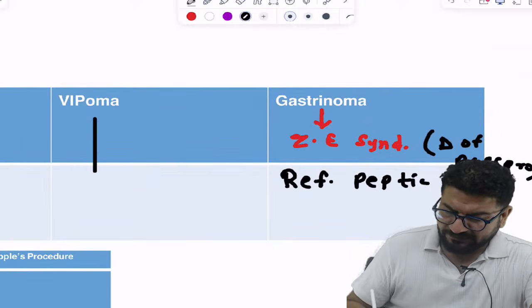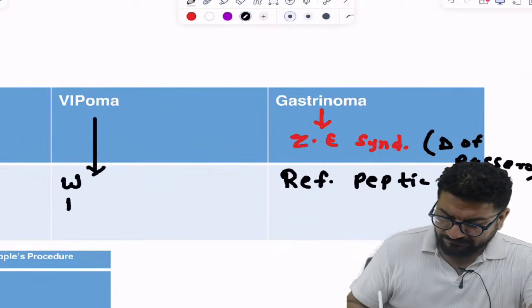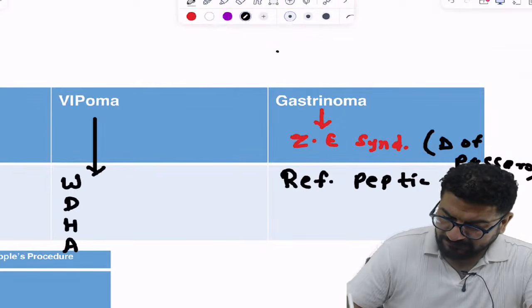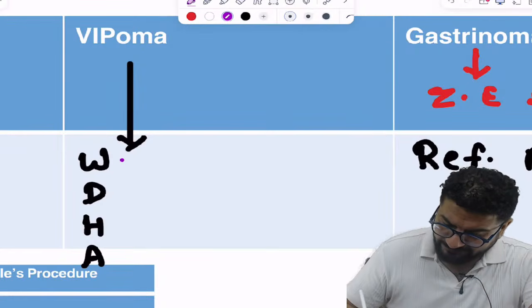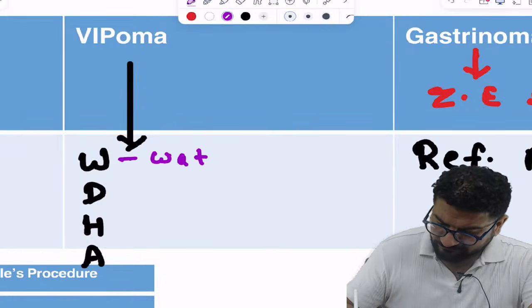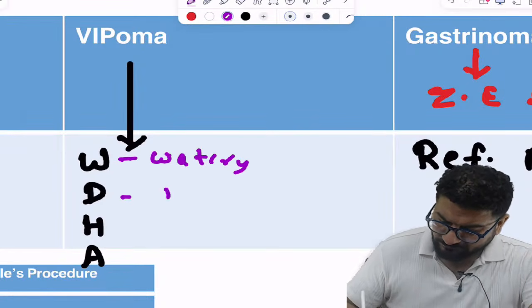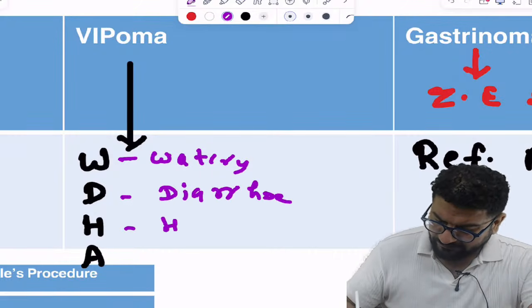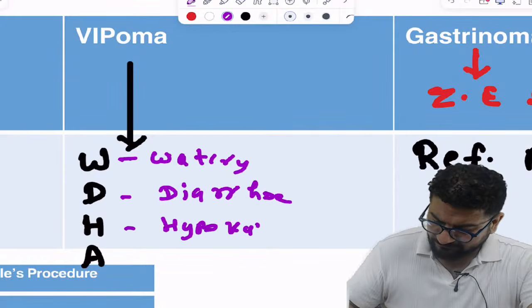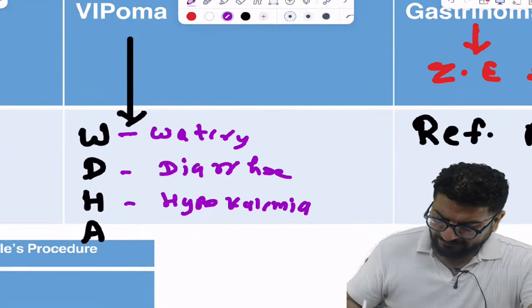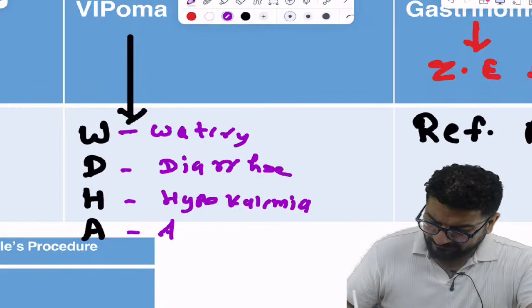VIPoma, understand. We also call this WDHA syndrome. So what is this? Understand this thing. It means the patient will have watery diarrhea, hypokalemia, and achlorhydria.